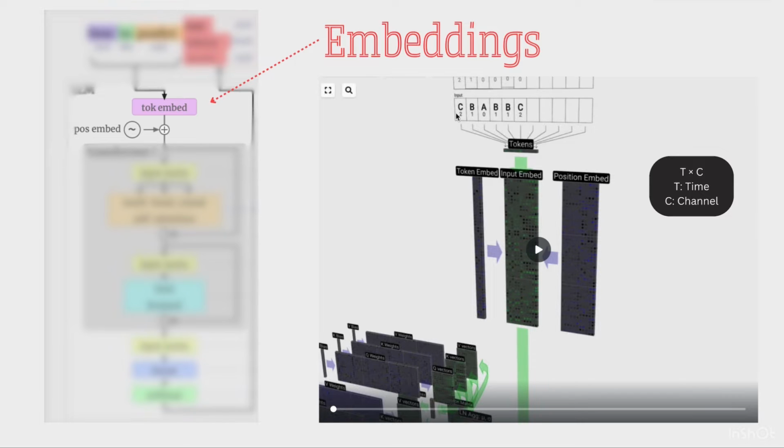Now we need to ensure that these are the input IDs for each letter, and the indexes here are 0, 1, 2, 3, 4, 5. This is just for understanding how we name and map these numbers. And we will take this token embedding along with the position embedding to create our input embeddings.